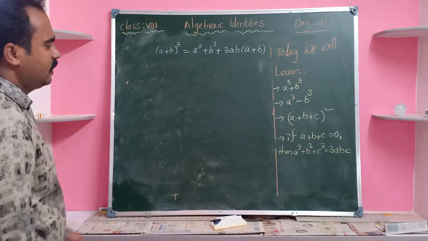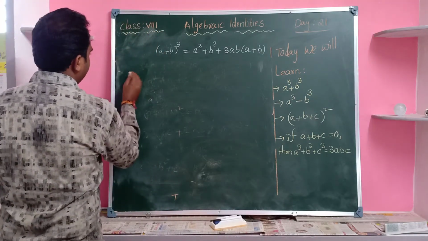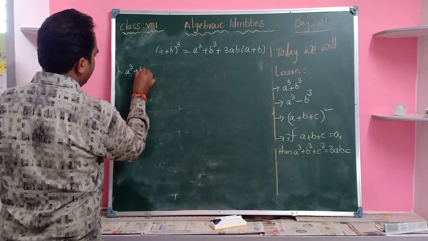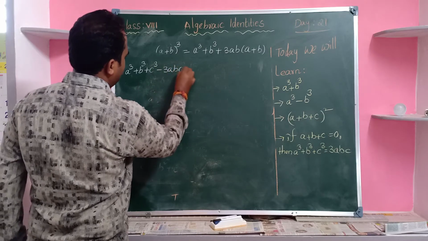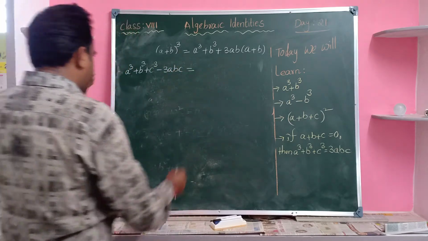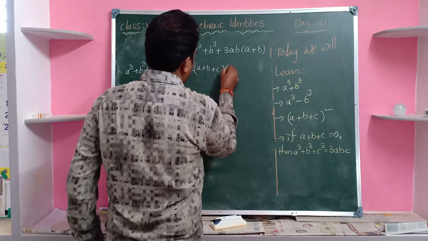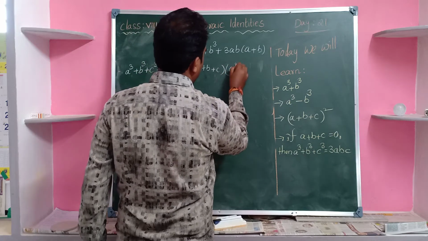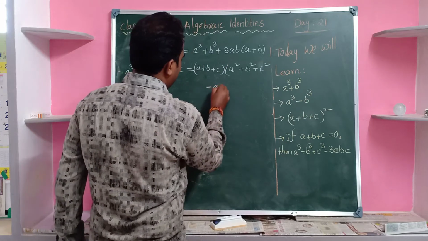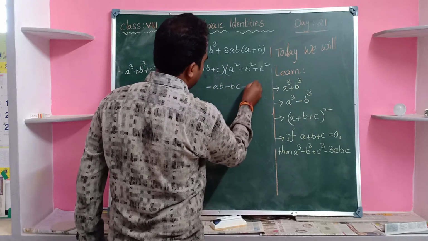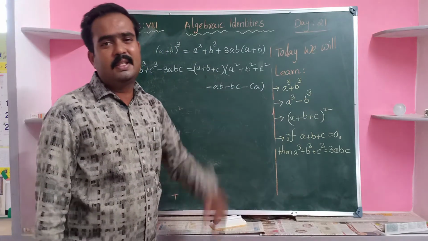We know that one standard identity is there, that is a cube plus b cube plus c cube minus 3abc is equal to a plus b plus c into a square plus b square plus c square minus ab minus bc minus ca. Later we will see the derivation for this also.